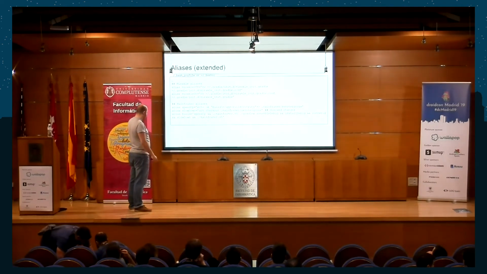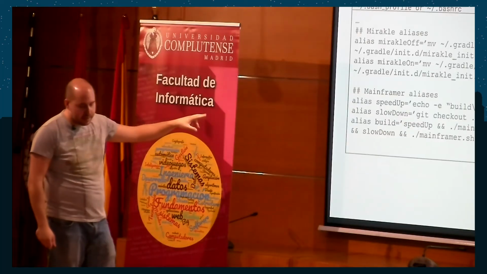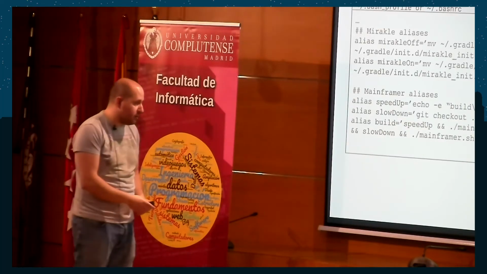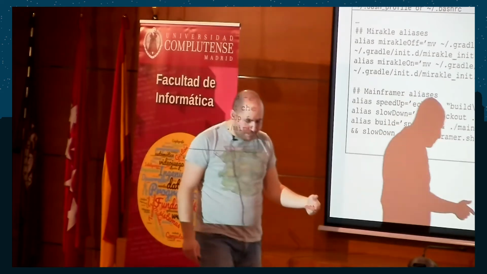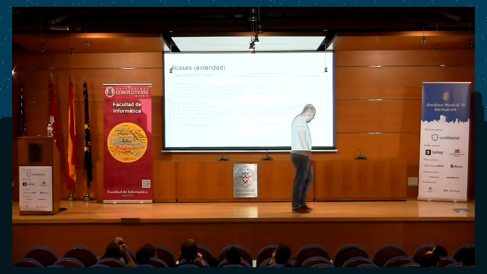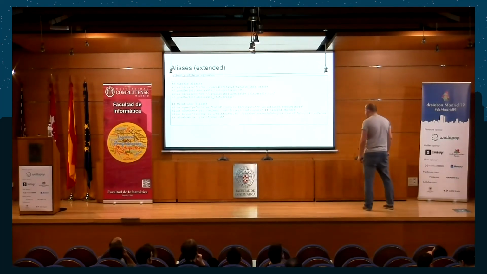Another alias that I think could be quite useful: when you use Mainframer, you sync the source, then you build, and then it needs to sync a lot of files. It's not just the APK, it's a lot. It takes forever, not because those files are very big, but because there are lots of them.